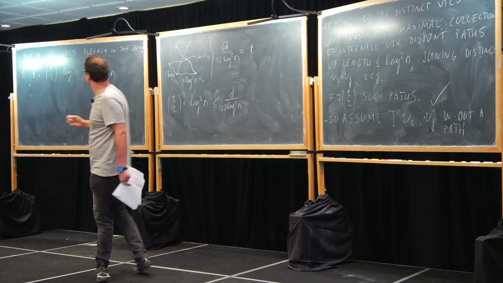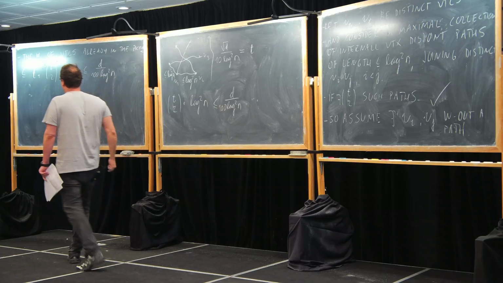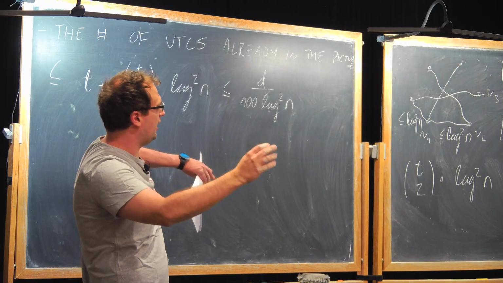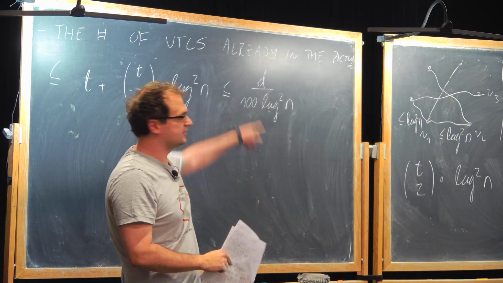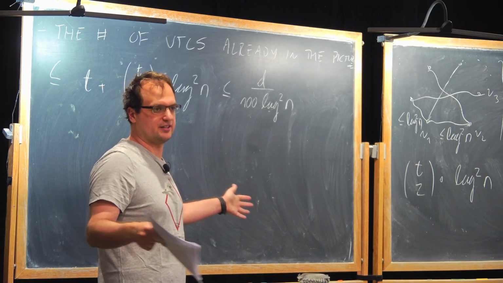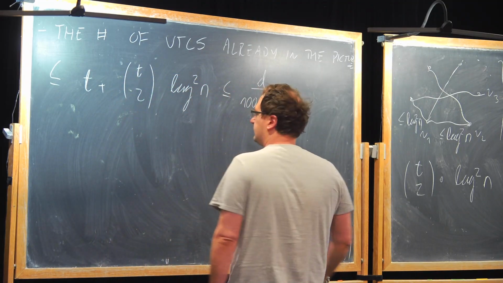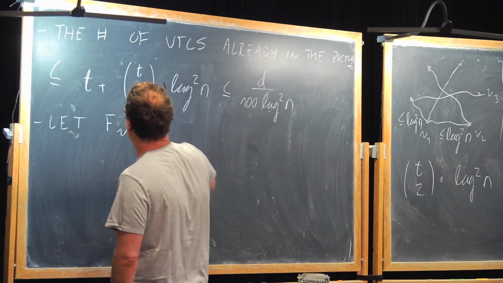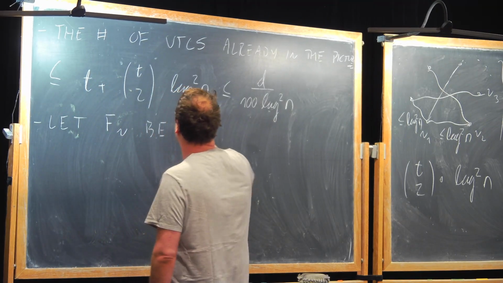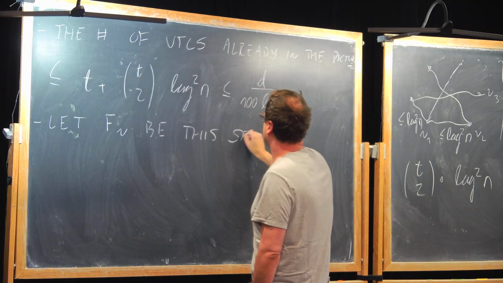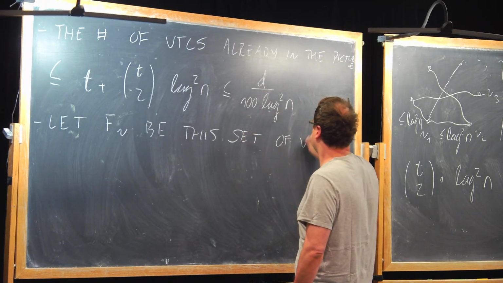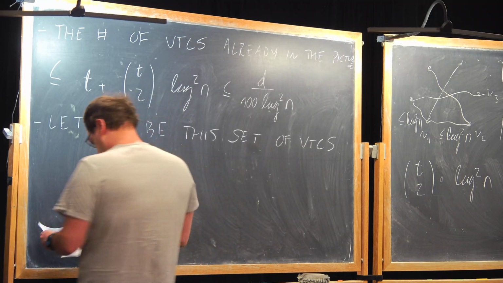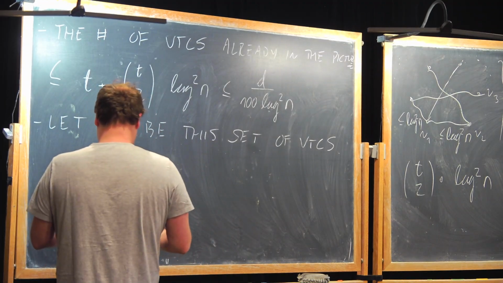Right? And now the final bit is we want to say that balls around vi in the graph with these vertices deleted still grow correctly. So let me write that. So let F_V be this set of vertices. And let me write this correctly.